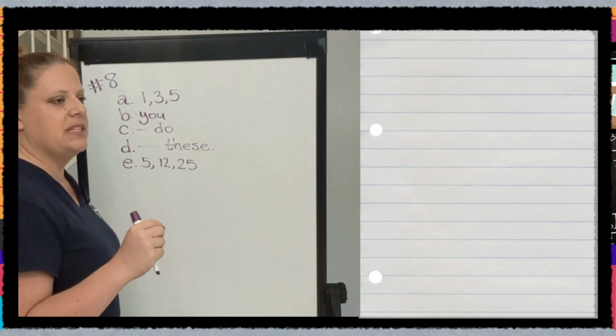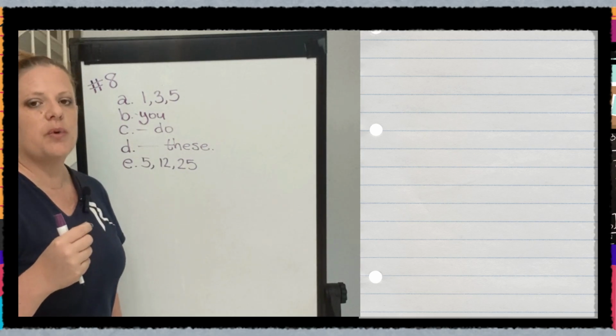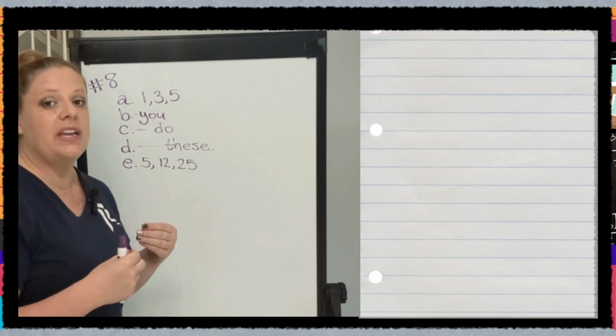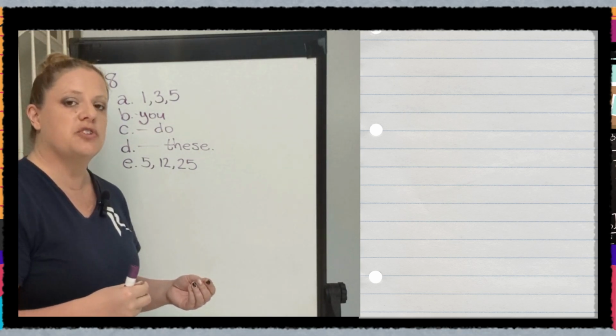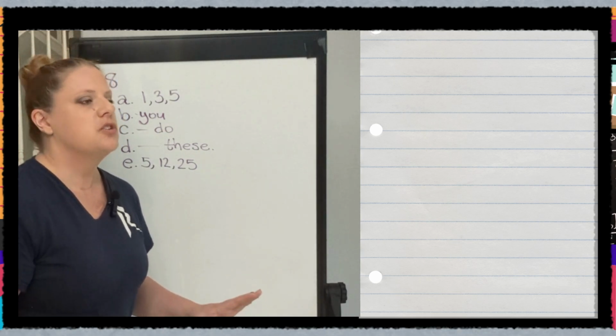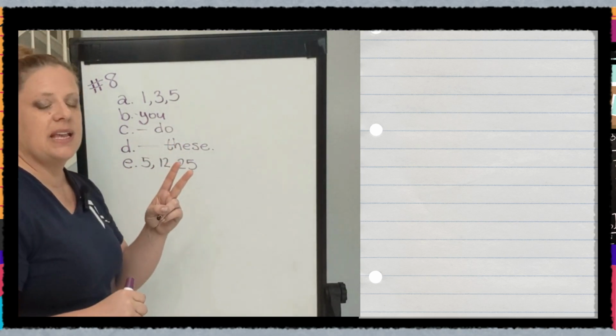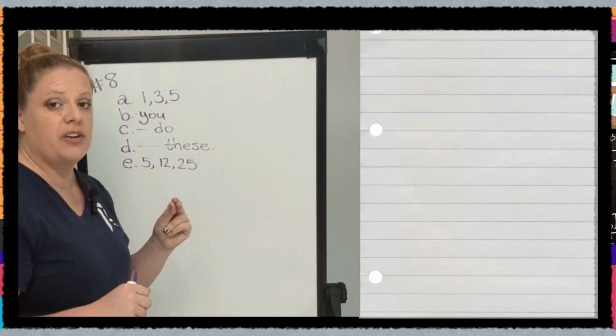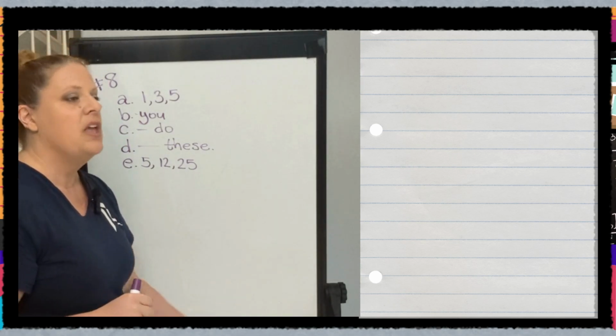Now in class we did a Kahoot where we were looking to see if they were right triangles. On this one, we're just looking to see if they're triangles. So remember, any 2 sides have to add up to be greater than the third side.